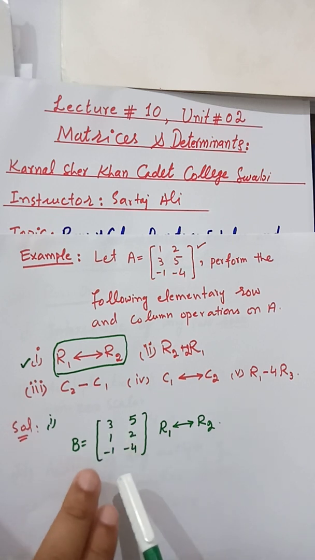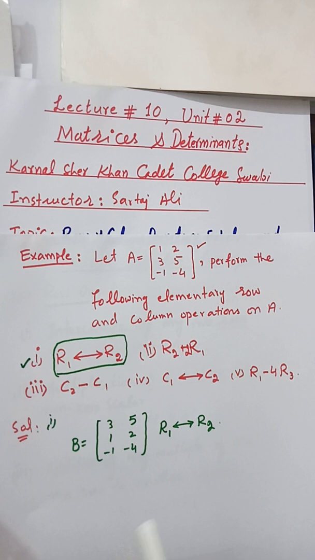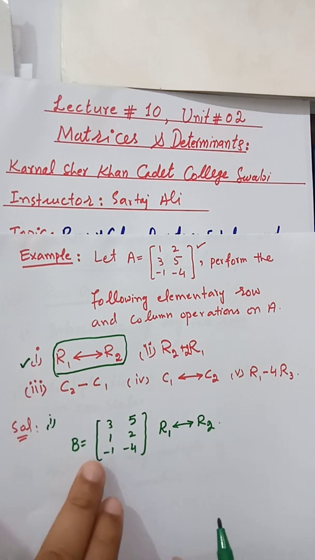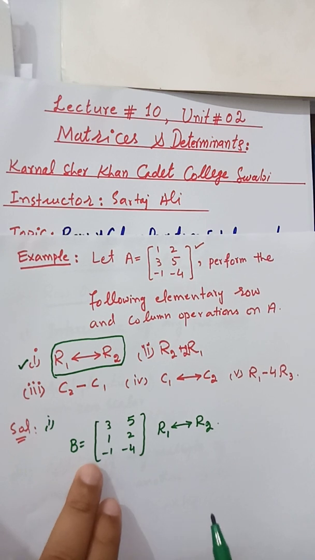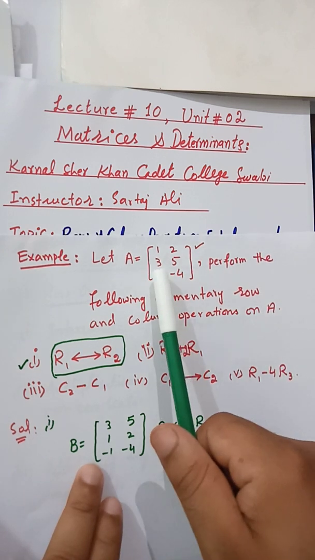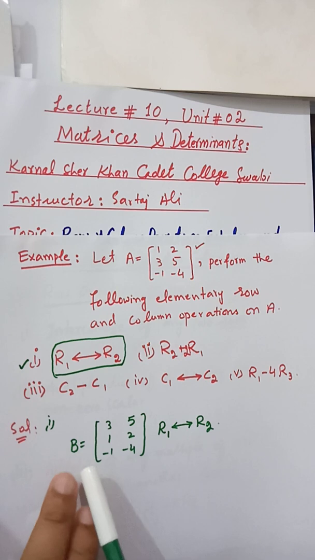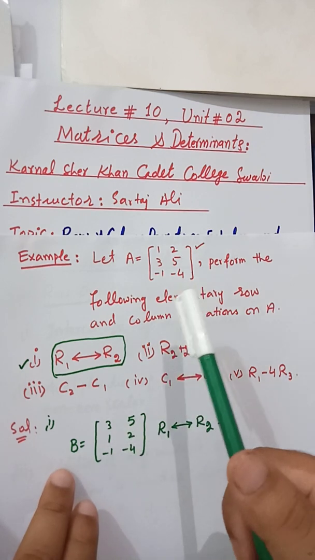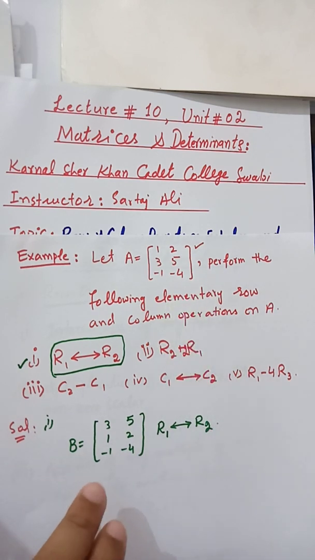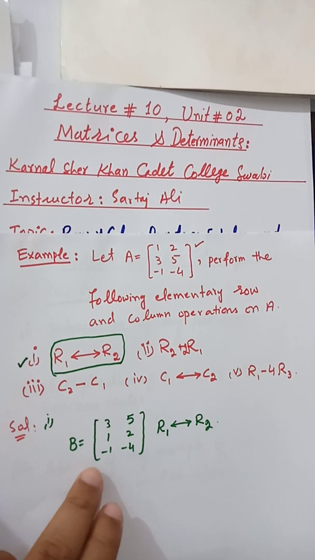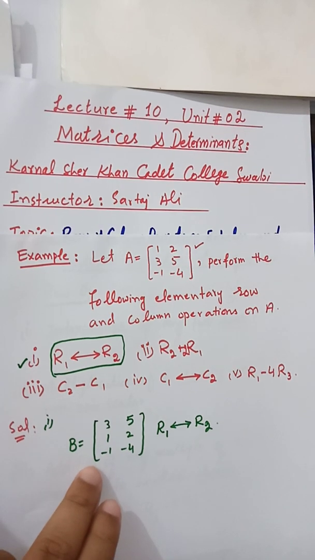When you perform a finite number of row operations and get another matrix, that matrix is said to be row equivalent to the original matrix. So this matrix B is row equivalent to matrix A. These are row equivalent matrices.